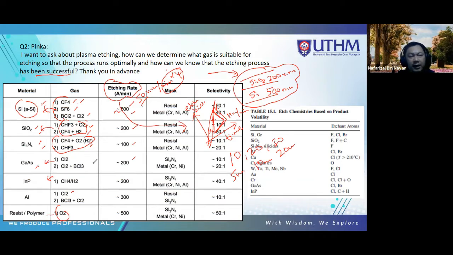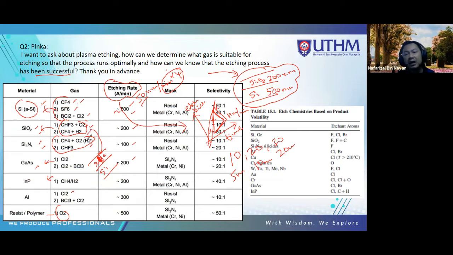So if I have the silicon dioxide, and I have silicon at the bottom, I can only remove the silicon dioxide if I use this gas. It will react with the silicon dioxide and it will stop at silicon. It will no longer continue to react with the silicon because I have the other gases.